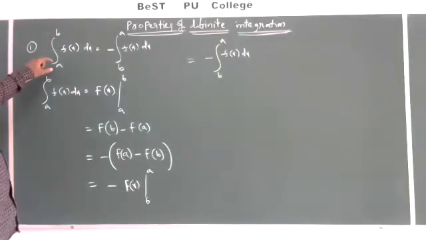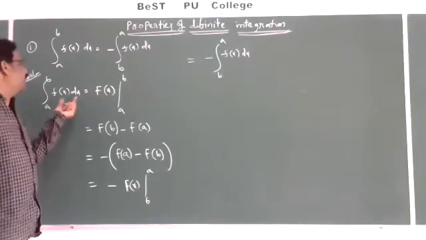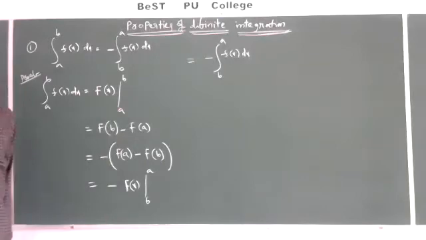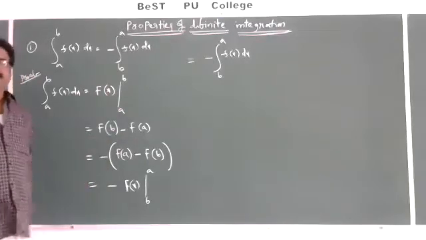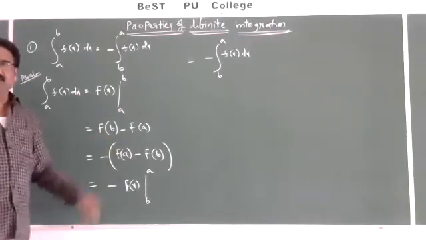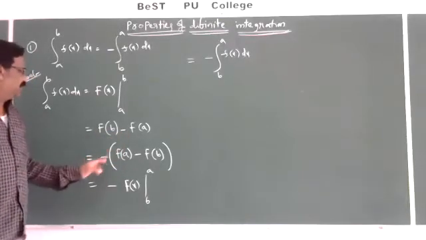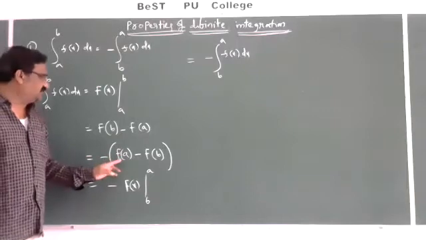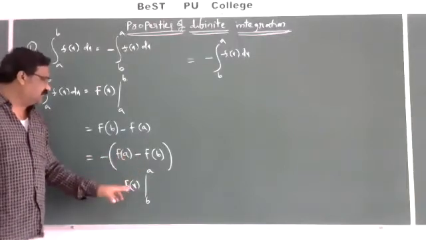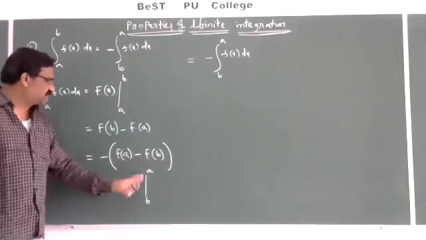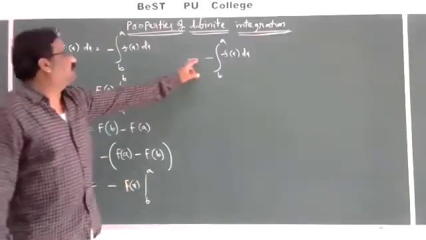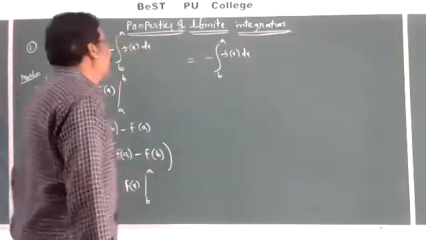First, you take LHS, integral a to b f of x dx, equal to the integration of f of x. We consider capital F of x from the limits a to b. Then substitute upper limit minus lower limit, F of b minus F of a. Then you take minus common: F of a minus F of b. This can be written as minus F of x from b to a, that is minus integral b to a f of x dx.